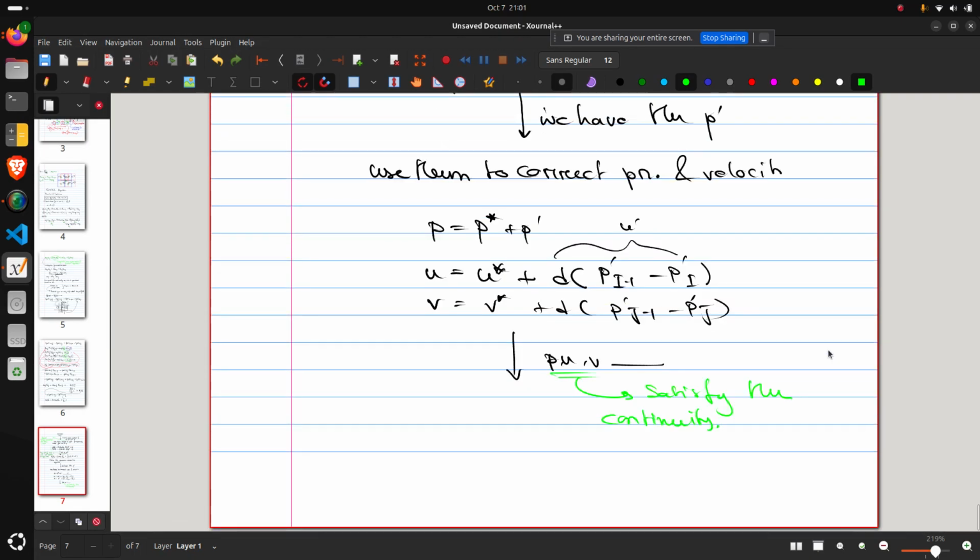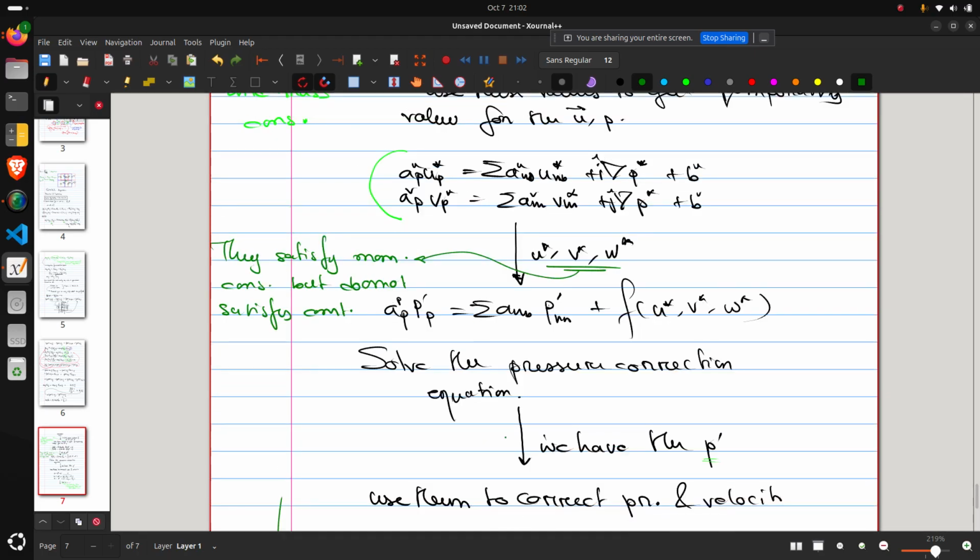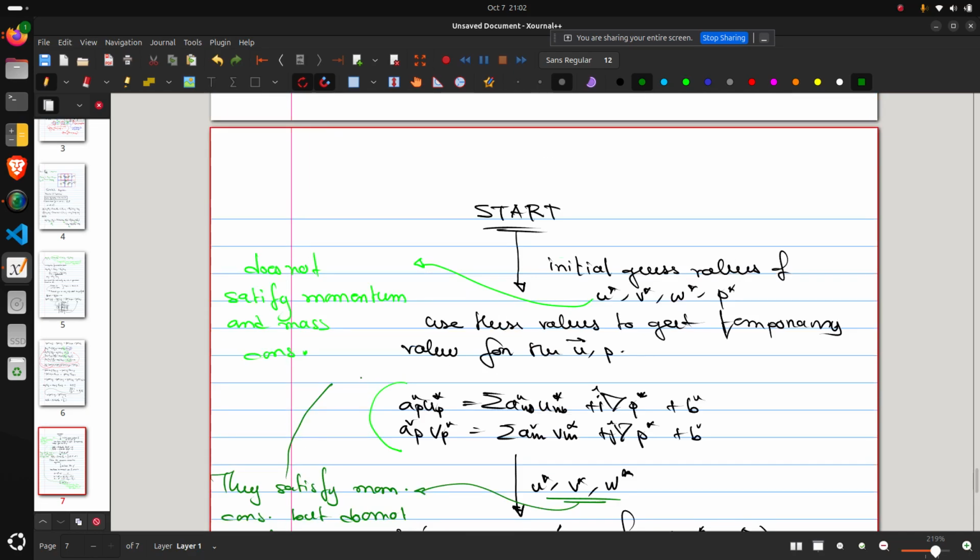Okay, so after that we have the pressure correction term. We correct the pressures and the velocities using the pressure corrections. Now the new values satisfy the continuity but not the momentum conservation. So we will take these values as the new guess values, and again do the same steps that we have done from the start.